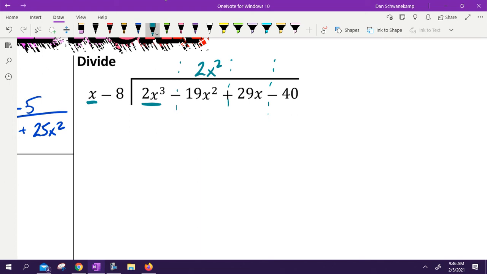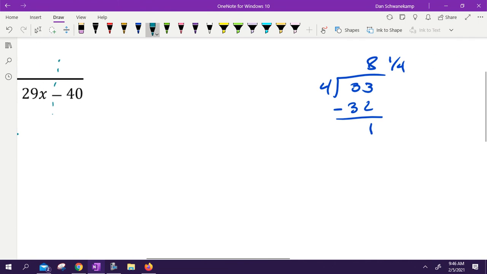Whatever I write on top, I'm going to multiply back down. So 2x squared times x is 2x cubed. And I'm going to take 2x squared times negative 8, which would get me negative 16x squared. I'm going to put these two things together.